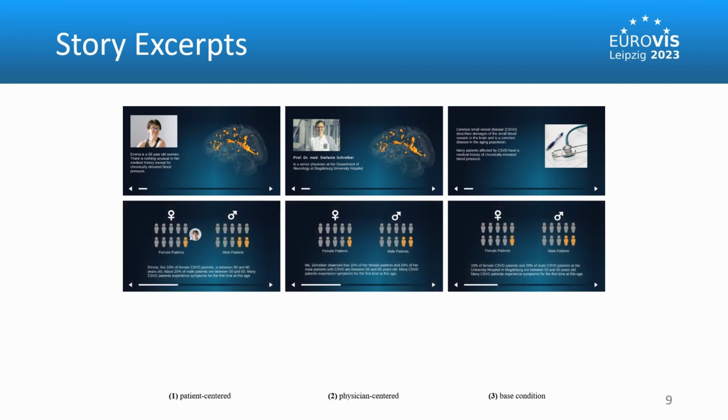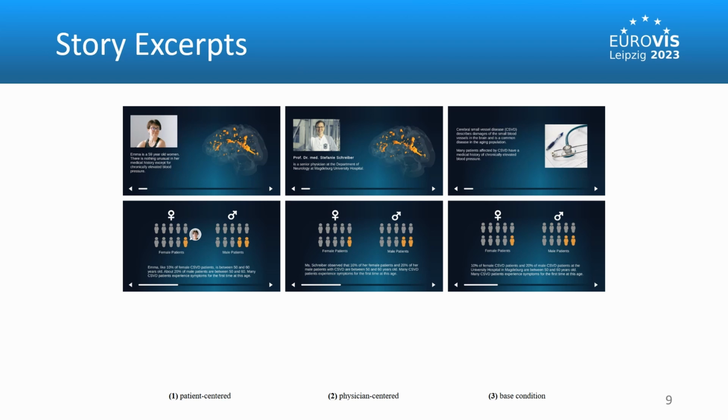In the second row, we used the following phrases. For the patient-centered story, we use "Emma, like 10% of female CSVD patients, is between 50 and 60 years old. About 20% of male patients are between 50 and 60 years old."